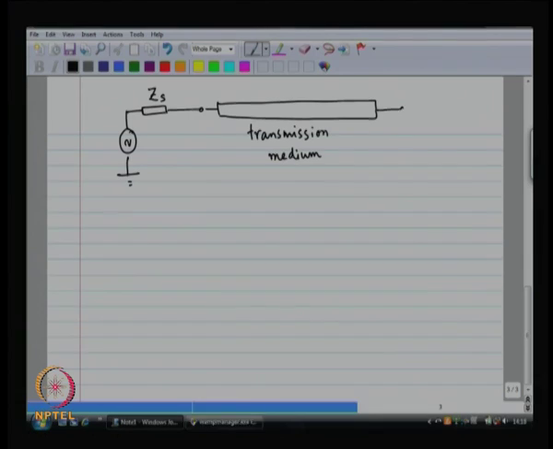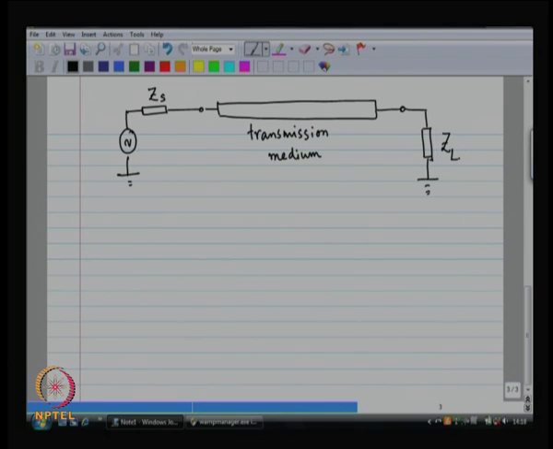So, this transmission medium really could be anything, and on the other side I plan to receive whatever was transmitted across a load impedance ZL. So, this is my situation.